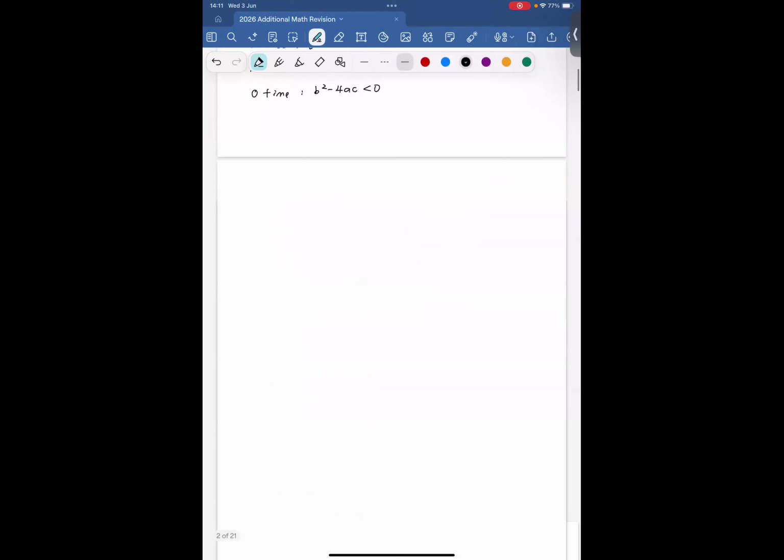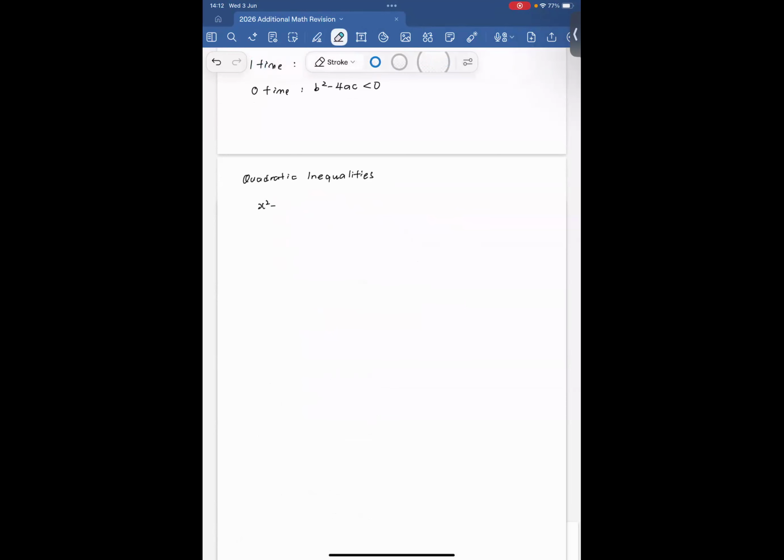Okay, the next few techniques that we need to know in quadratic function are your quadratic inequality, and later we have your completing the square. So what is a quadratic inequality? This is a quadratic inequality. This is a quadratic equation.